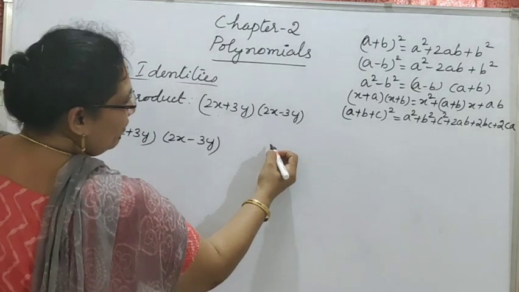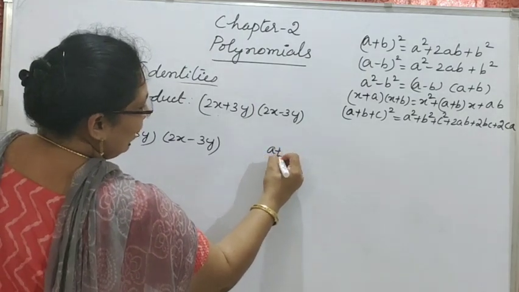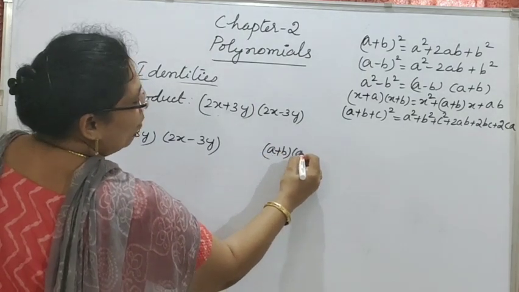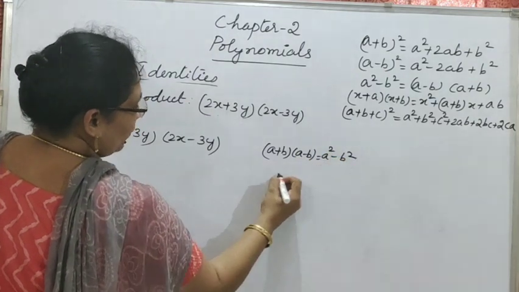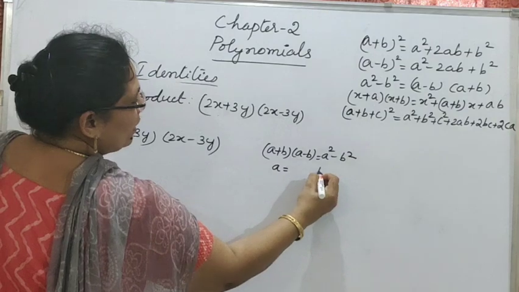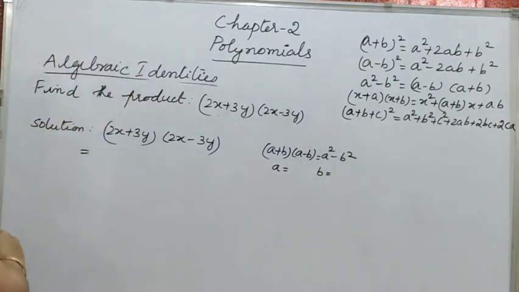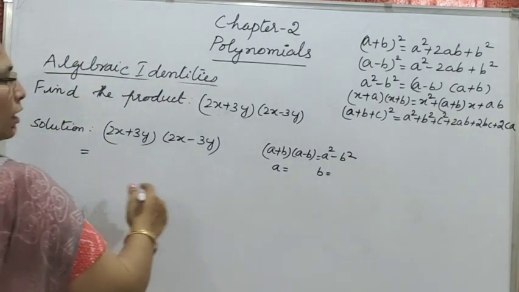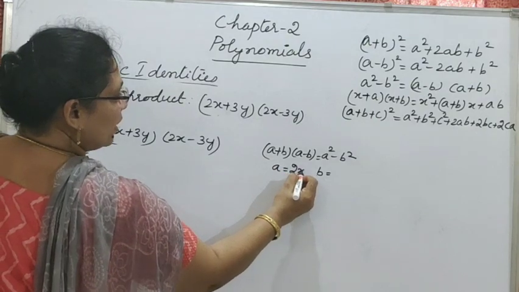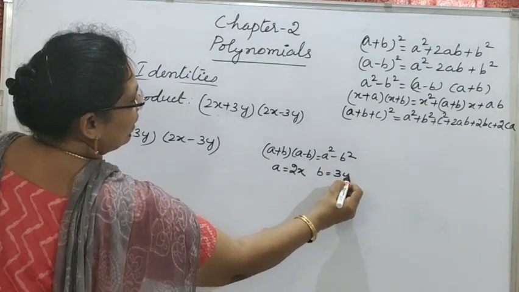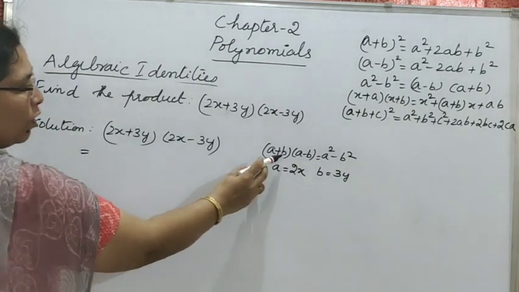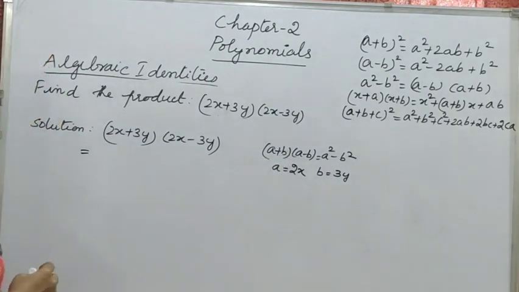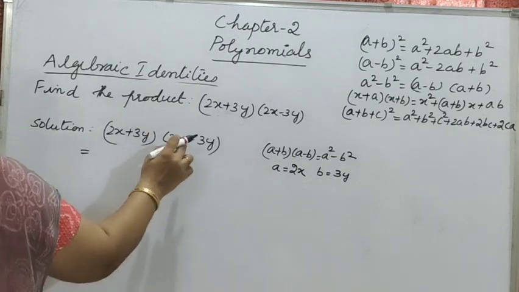Now you can identify the identity. We are writing the identity a plus b into a minus b equals a square minus b square. So what is a? What is b? Compare with the question. Now you can easily tell that in place of a it is 2x, in place of b it is 3y. Now one is plus, one is minus only. Here also one bracket has a plus sign and the other has a minus sign. Now what terms do we want?